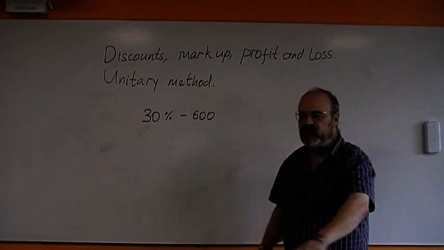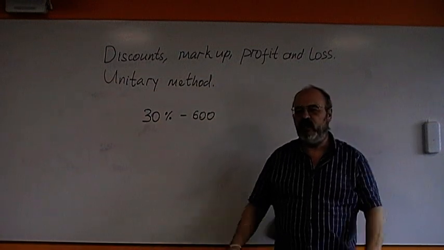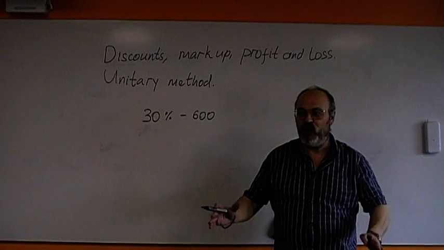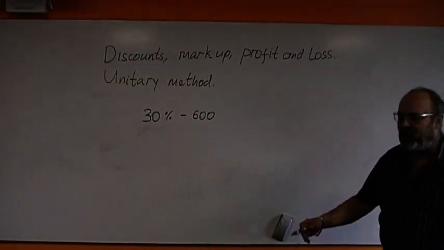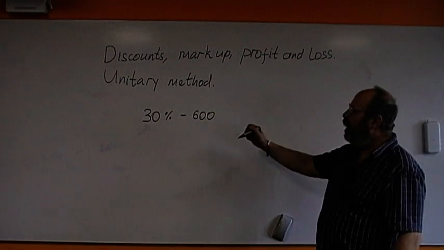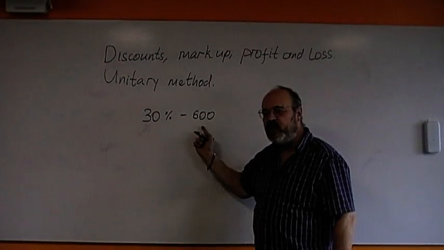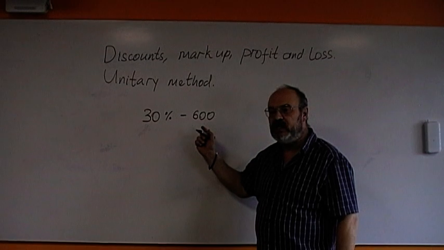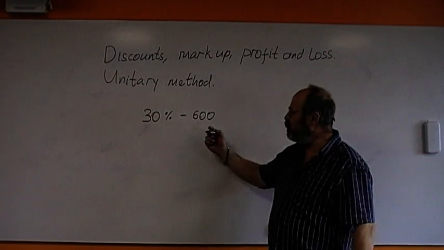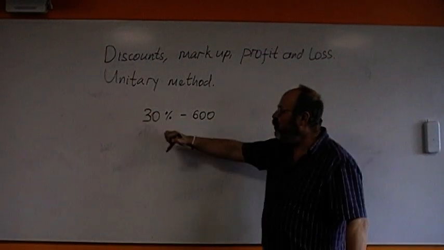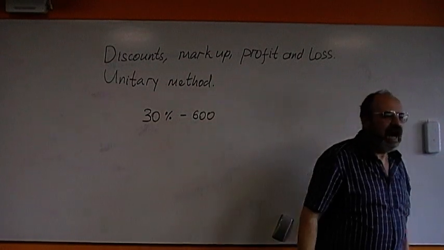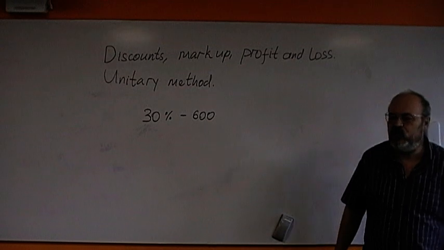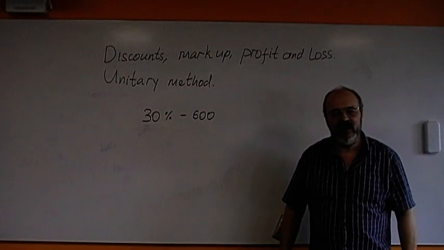Let's say 30% of students at some school is 600. Let's say 600 students get sick with the new COVID variant, and that is 30% of students at the school. The question is, how many students are at that school?